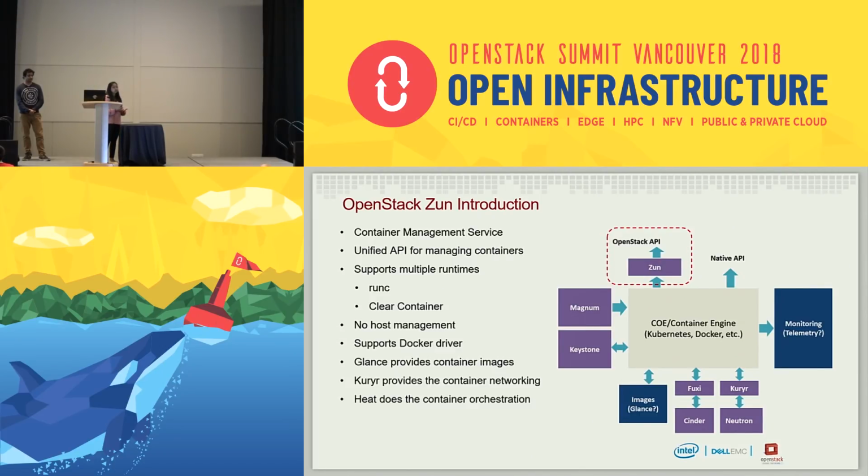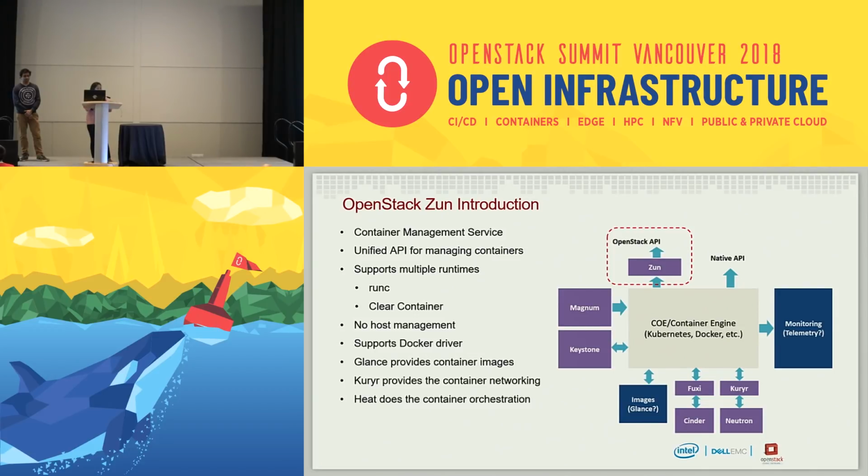You have Docker installed on the compute host, and this COE can actually be installed by Magnum. So Magnum does the installation of COE on top of the OpenStack ecosystem. And all the other components: Keystone for the authentication, Glance for the images, Cinder for the volume, and Neutron for the networking purpose.